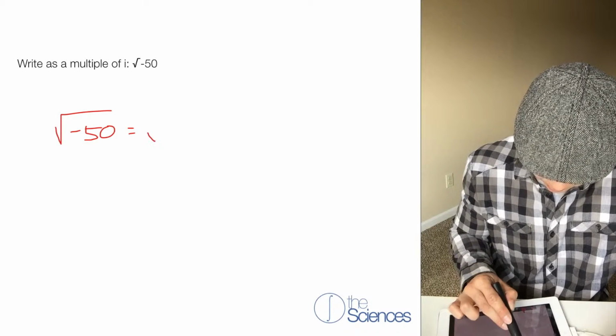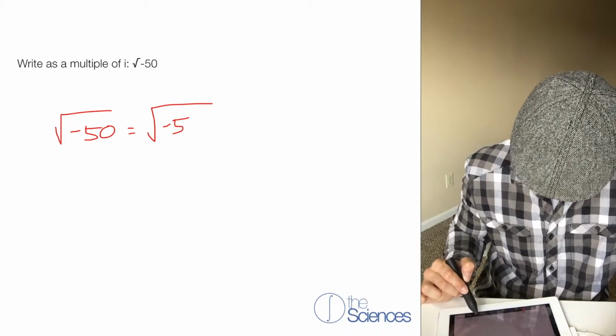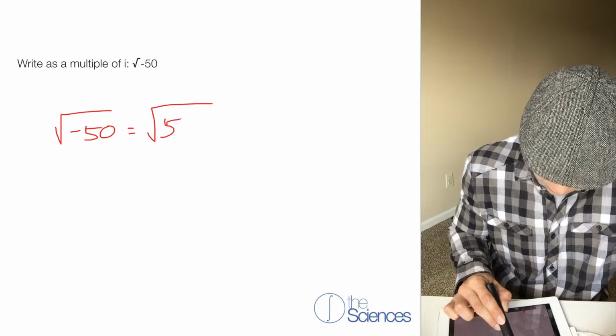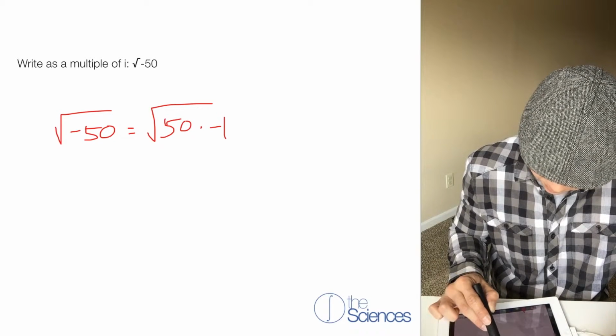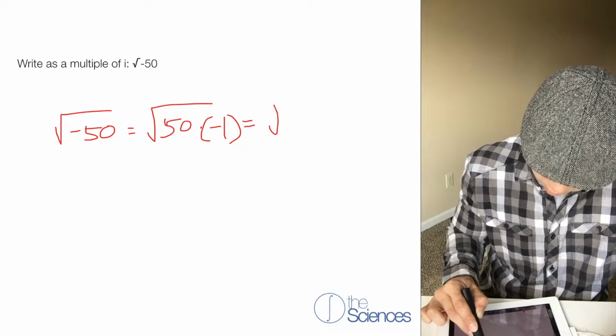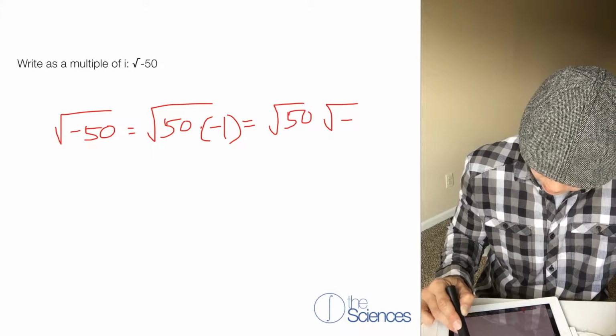Now let's write the square root of negative 50 as a multiple of i. Well, that's the same as the square root of 50 times negative 1, or the square root of 50 times the square root of negative 1.